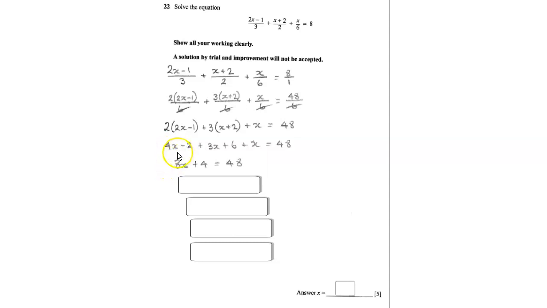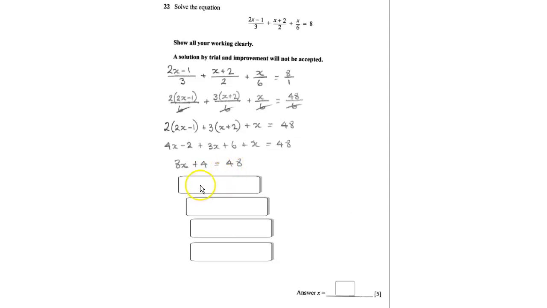So we've got 4x plus 3x plus x. So 4x plus 3x is 7x, plus x is 8x. The next part is your numbers. So minus 2 plus 6 is 4. You can see it's plus 4 there. And that's equal to 48.